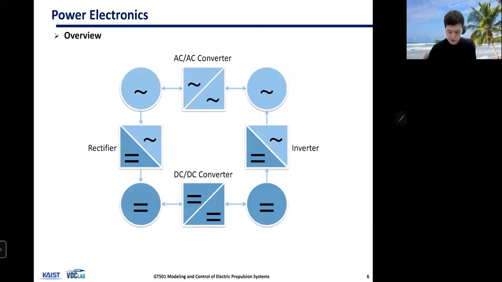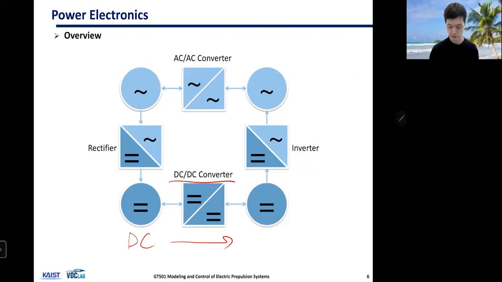So this summarizes why we have 4 converters. For instance, here you may have DC power source, and if you want to convert that to higher voltage, then you need to use DC-DC converter.